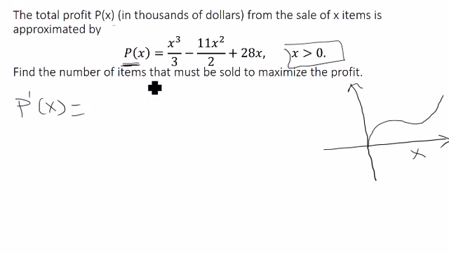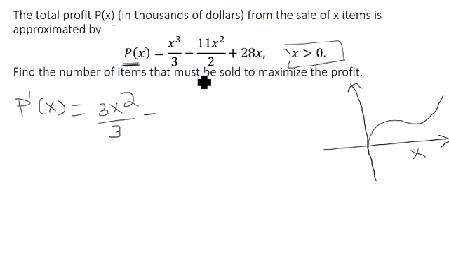That's going to be the derivative of the right hand side. The first term, x cubed over 3, gives 3x squared over 3. Now remember, I'm using the power rule.